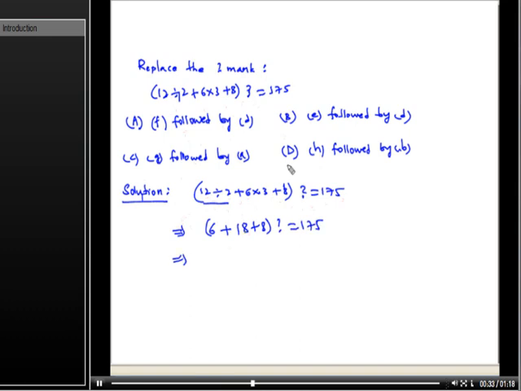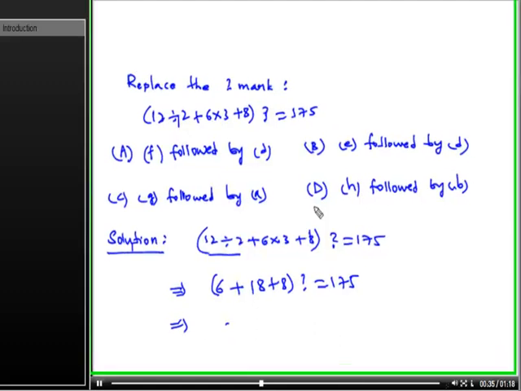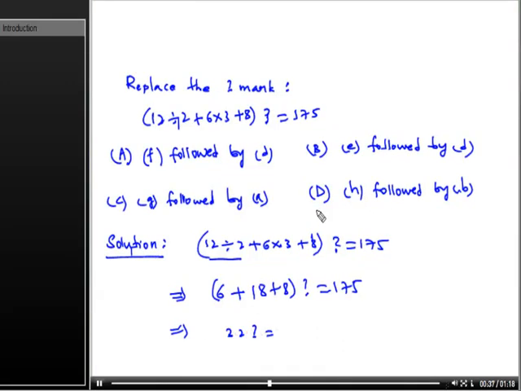This implies 18 plus 8 is 26, plus 6 is 32, question mark is equal to 175. We know that 175 can be written as 35 into 5. But 35 can be written as 32 plus 3. Therefore, this implies 32 plus 3 into 5 is equal to 175.